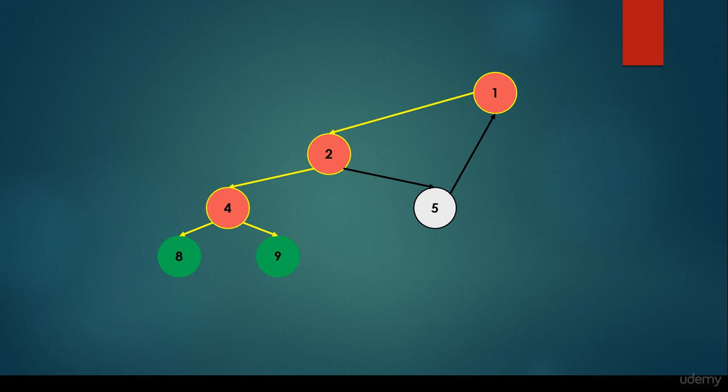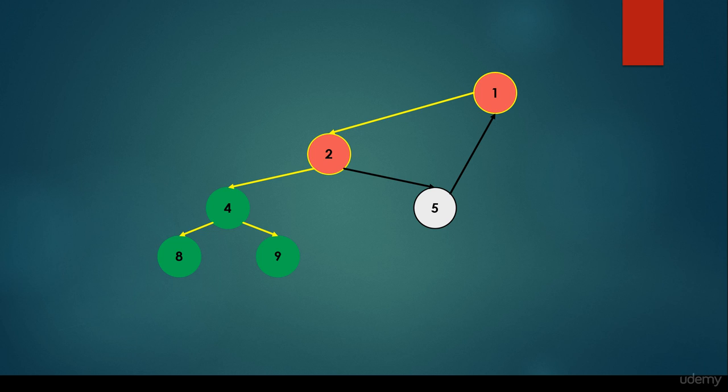So we backtrack to the parent of 9, which is the 4. We come to the conclusion that the 4 doesn't have any unvisited children. Okay, it has the 8 and the 9, but we have already set them to green. So it means that it doesn't have any unvisited children, so we consider it done. Okay, it is no longer being visited, it is done. And we backtrack to the parent, which is the 2.